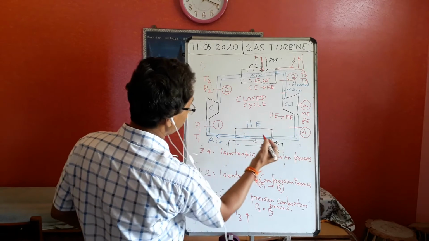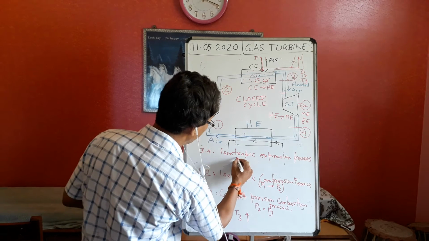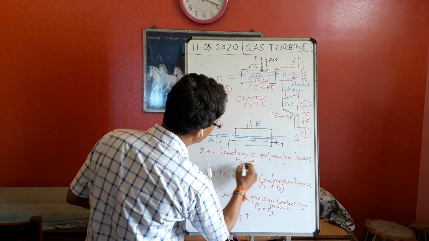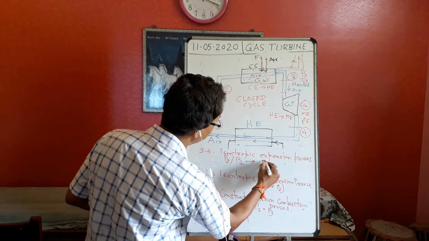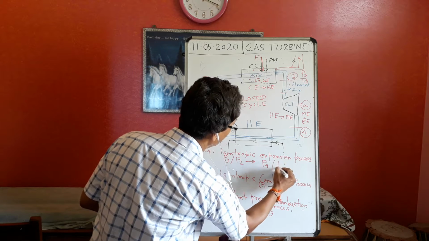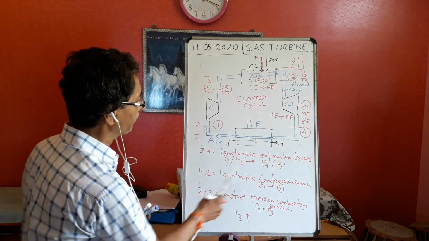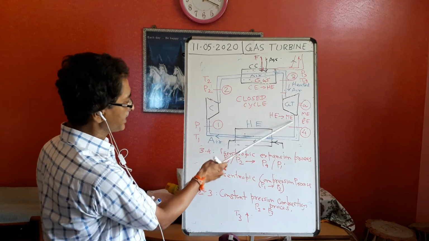P3 is nothing but P2, so P3 or P2 will come down to P4, and P4 is nothing but P1. So P4 and P1 are both the same. Here isentropic expansion is taking place.